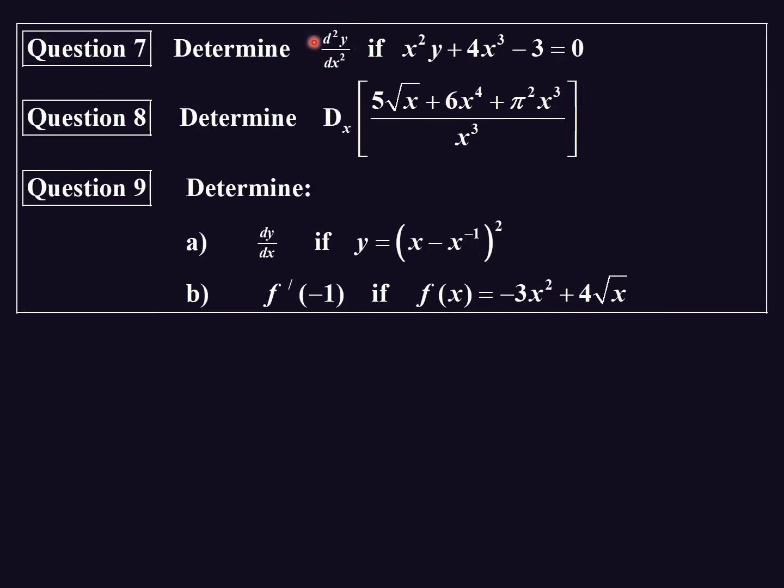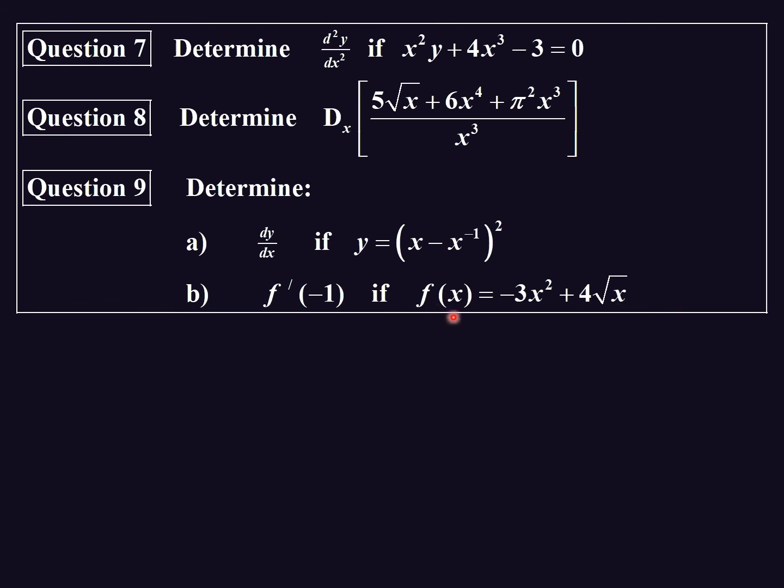Then the same here, you have to find the second derivative. But there's something I'd like to see how you're going to attempt this. I did not do an example like this because I'd like to see whether you can figure that out on your own, from what we've done in this worksheet. Then there's another one, just with a different notation. There's another one. This one looks very familiar.